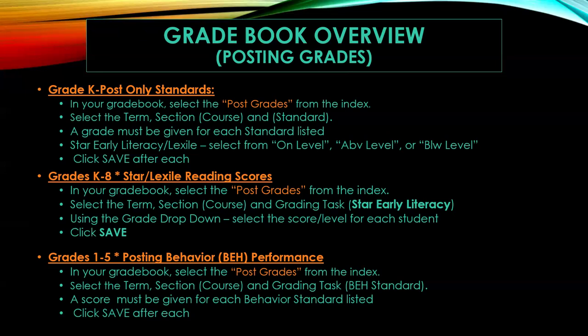It's already pre-populated, and all you will do is select that behavior standard for that student, and then give them the grade of either satisfactory or unsatisfactory, and I think maybe needs improvement. A score must be given for each behavior standard listed. Then you click Save again. The save will show in red, and once you have posted successfully, the save will turn gray.